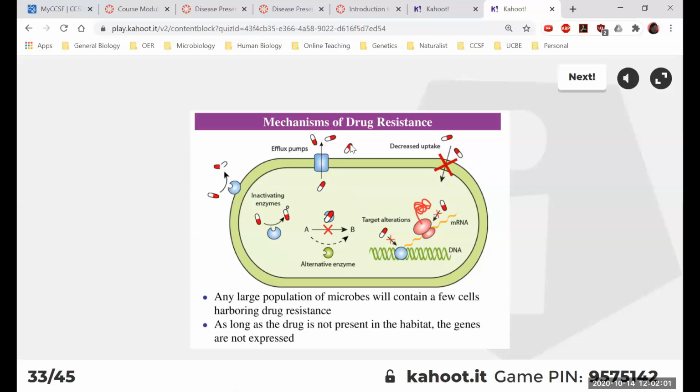And if the drug cannot reach its target inside the cell, the drug is not effective. Other ones can inactivate the enzymes that the drug targets, or use an alternative pathway. Some of them can change the target, and other ones will block the pathway. So there are multiple ways for bacteria to be resistant to the drug.